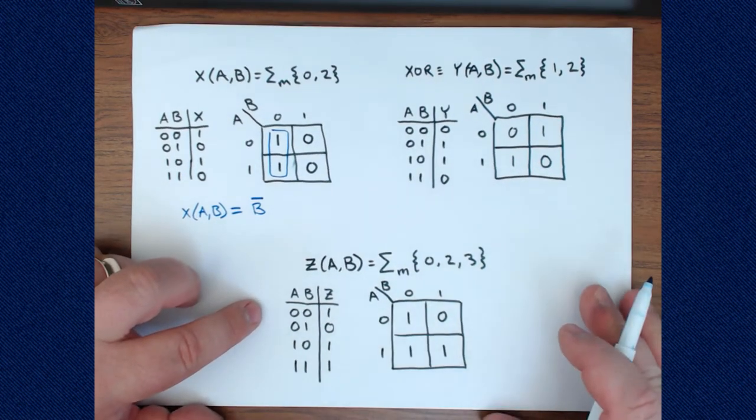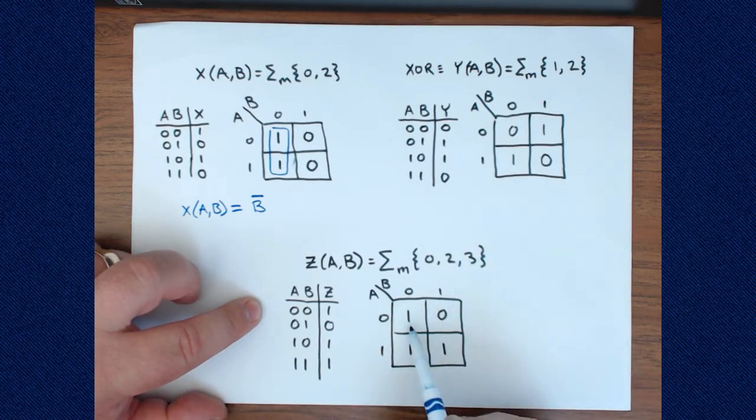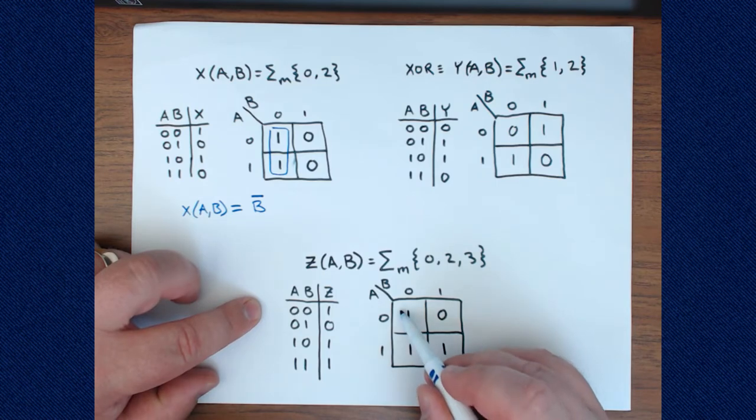For the next one, I'll go down here. On the bottom, we have another 2-input function, this time with min-terms 0, 2, and 3. So this is the space for 0, this is the space for 1, this is 2, and this is 3. So our 1s are there, and this is what the equivalent truth table will look like. Again, I want to group these in rectangles.